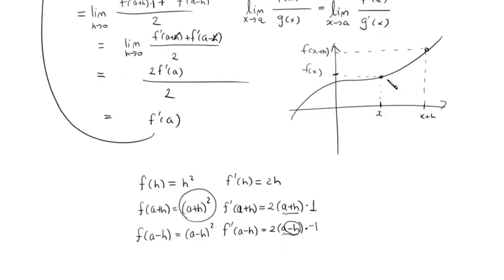And if you take the gradient of this line, the average gradient, then that's equal to f of x plus h minus f of x over h, right? Because that one minus that one is h. And if we simply let the limit of h go to 0, then we get the instantaneous gradient at that point.